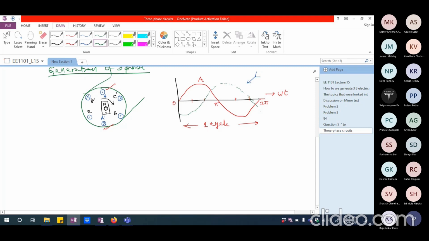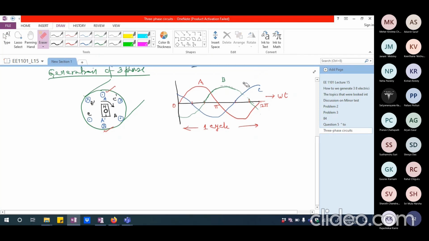So I'm going to have this as B phase waveform, and the third one which is coming up here is going to be the C phase waveform. So this is C phase waveform. So I'm going to have these 3-phase waveforms coming up somewhat like this.